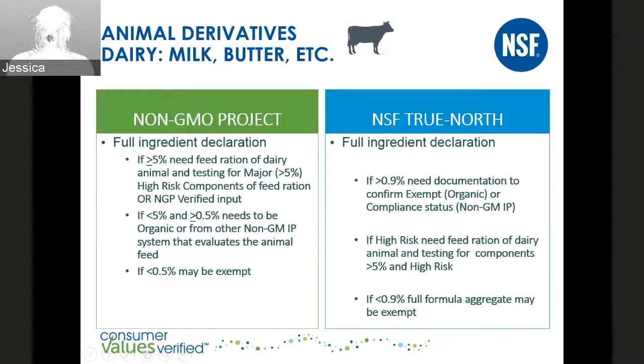Now, if it's not certified to anything like that, then we will assess the high-risk feed within that animal's ration, and we will ask for sampling or testing of that feed, or we will ask to confirm where that feed originates from in terms of a country of origin. But if that milk is present at 0.3% of the finished product formula, then it could qualify for the 0.9% exemption threshold.